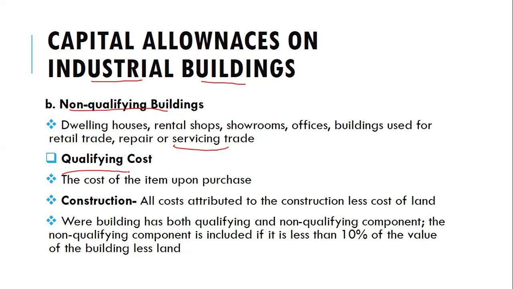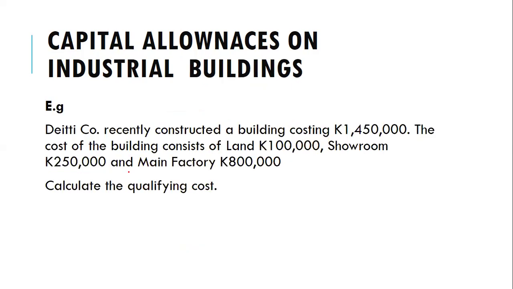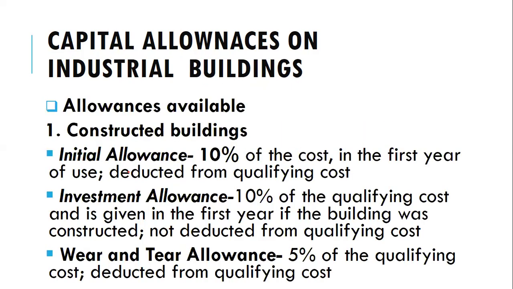You need to get the total cost, deduct the land, and then multiply by 10%. And then from there, you need to match that 10% of the cost with the total cost of the commercial component, and then you can arrive at the decision and conclusion depending on the results. So I will explain when we go through a question. For now, let's just stick to the theory.